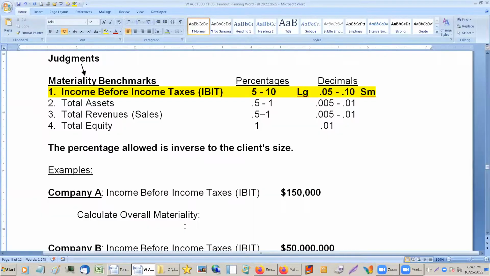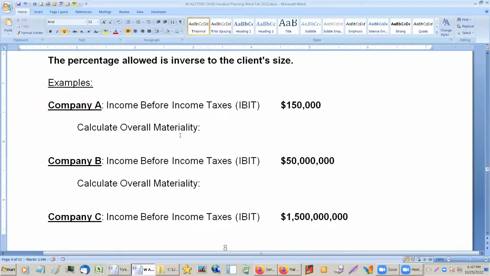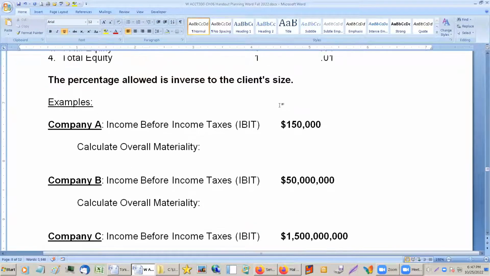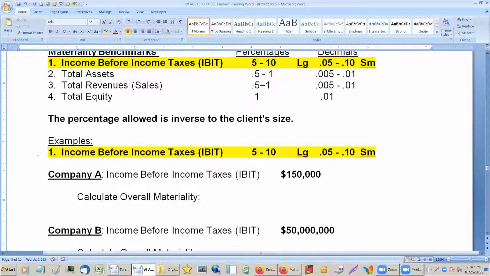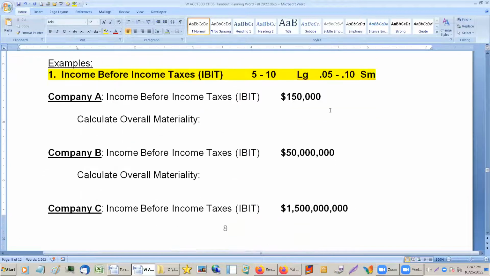Okay. So let's go to company A. They have income of 150,000. I am going to copy this down here so it's a little closer. I'm going to get rid of this one.